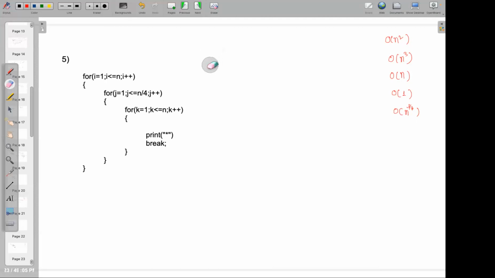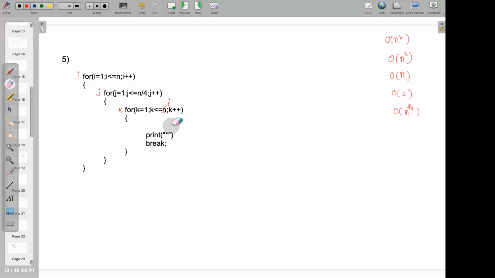Okay, now see the solution, friends. First of all, is it dependency or no dependency? This is the I loop, this is the J loop, and this is the K loop. No dependency, because see, are we using it anywhere? Now tell me, friends, in place of n, if I replace I, can I call this a dependency?